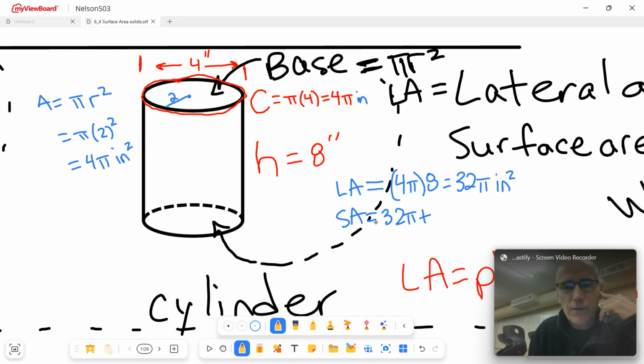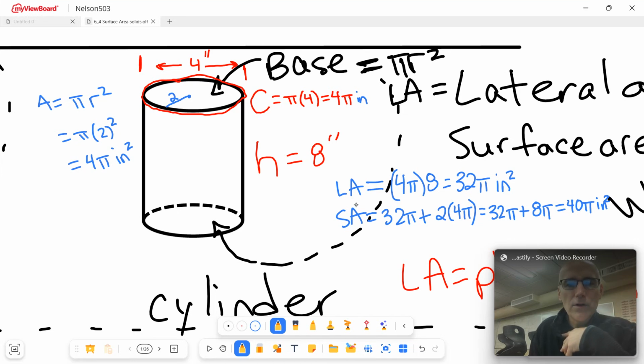So if I want the surface area, I got to take 32 pi, that's the lateral area, and I'm going to add 2 bases. So I'm going to add 2 4 pi's to my 32 pi. So let's see, what does that come out to be? 32 pi plus 8 pi. That comes out to be 40 pi square inches.